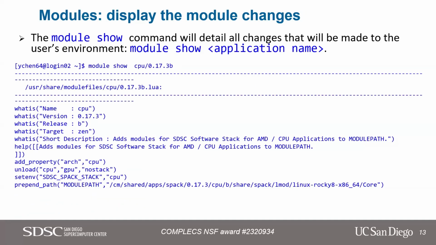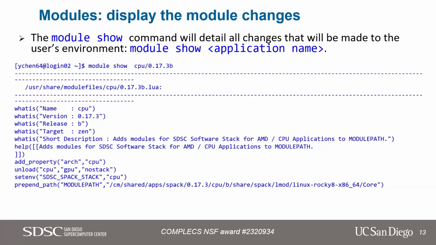So what does the module change in our user environment exactly? To know this, we can just run the module show command to display the details of all changes that will be made in our user environment.